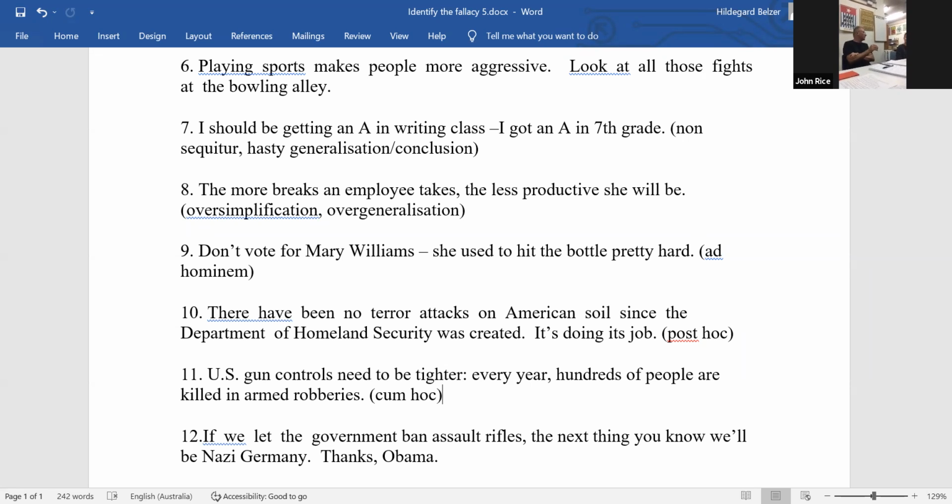Maybe not necessarily knowing which one it is, but knowing that something's not quite right. Doesn't smell right. Yeah, exactly. So it's something that is not logical. That's the key.